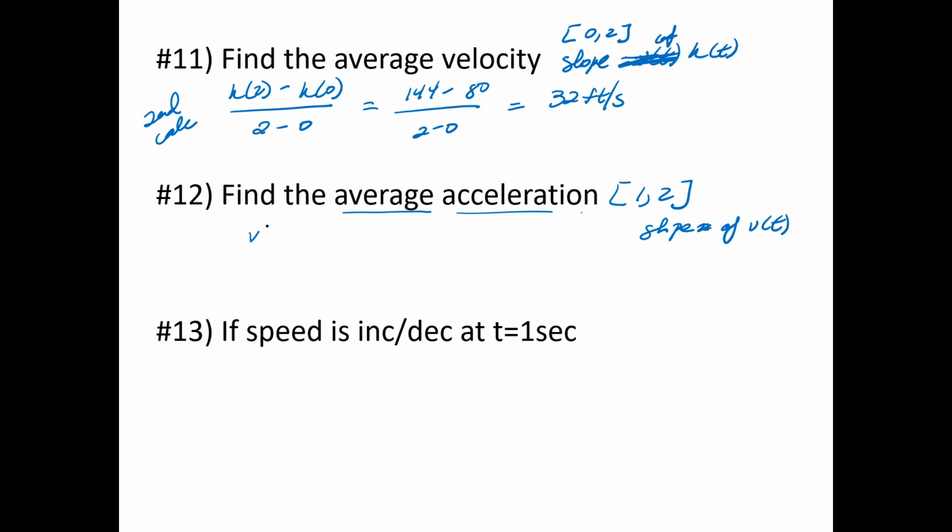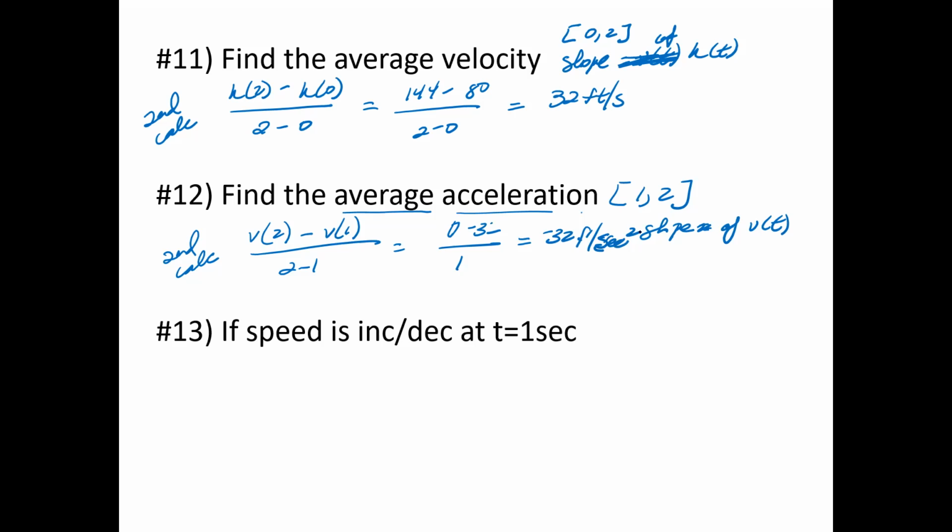So here I'm going to do v of 2 minus v of 1 over 2 minus 1. And again, you might want to do the second calc option on your calculator. That should give you 0 minus 32 over 1, which is a negative 32 feet per second squared.